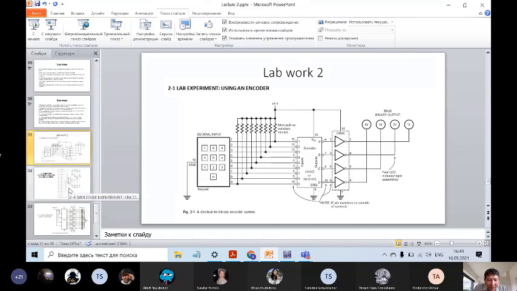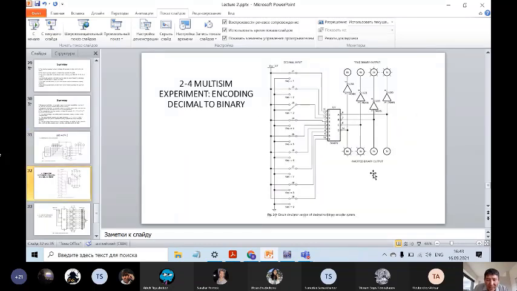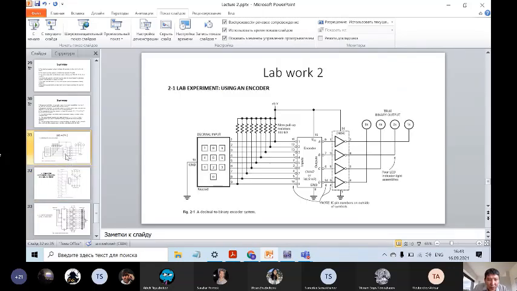It's the same, but simpler. For example, when I press 8, you should understand that this light will be lit first. Here it will be 0, 0, 0. So it's 1, 0, 0. 8 is 1, 0, 0.